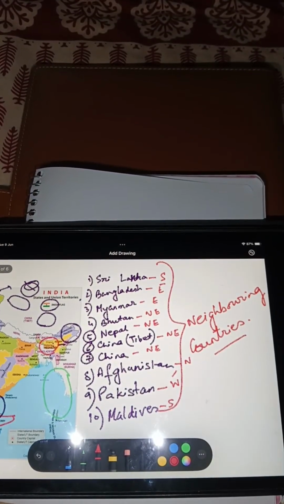So these are the countries that border India. This is, in a nutshell, the idea of India, its world position, and also the neighboring countries of India.